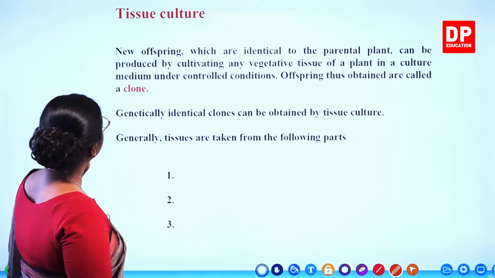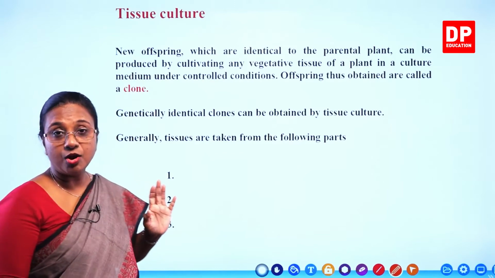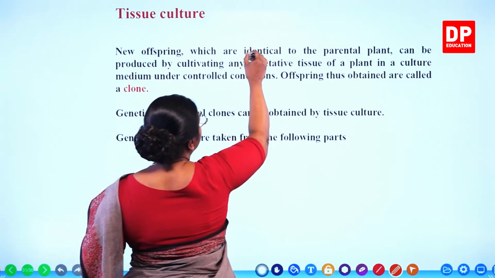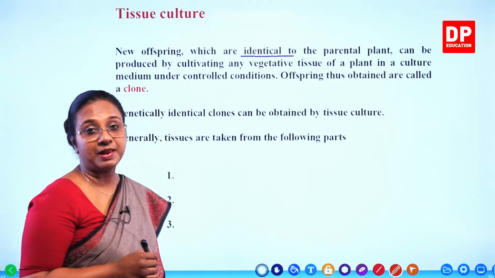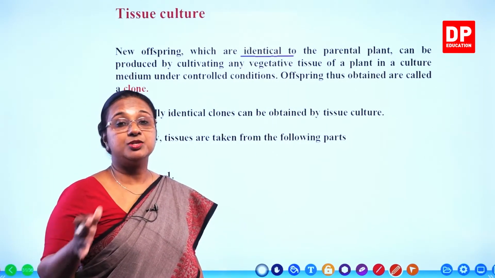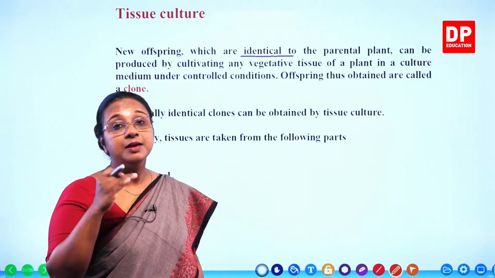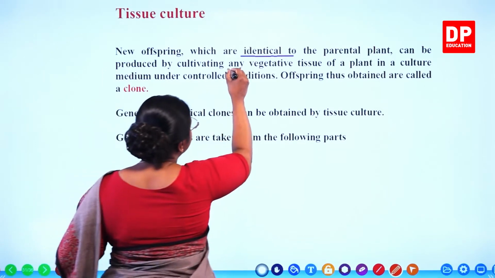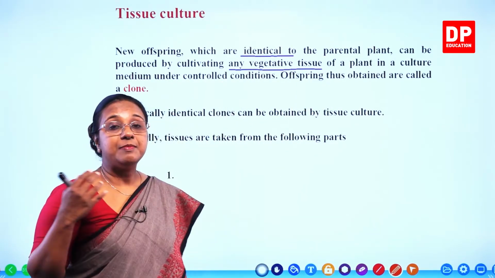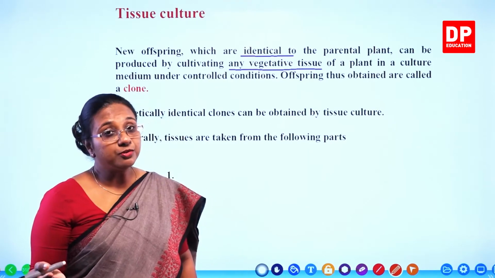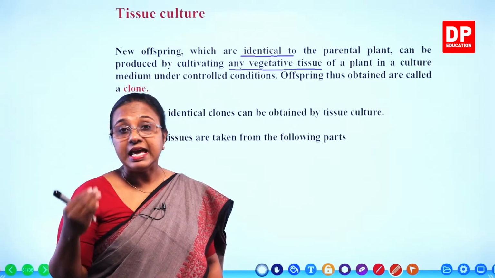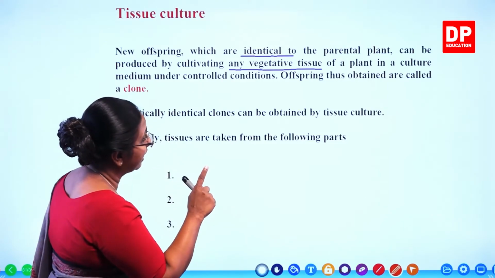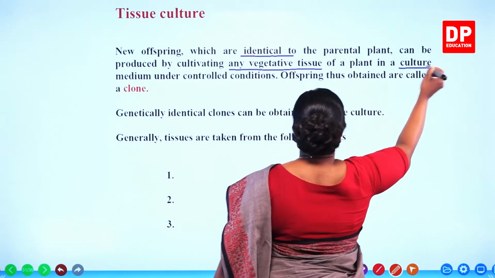So, if we look at the explanation, new offspring, we are trying to produce the new generation which are going to be identical to the parental plant. Exactly the same, because you are going to use the tissue from the parent plant. Can be produced by cultivating any vegetative tissue. It can be a leaf, it can be part of the root, it can be part of the stem, any part of the plant. Any vegetative tissue of a plant in a culture medium.